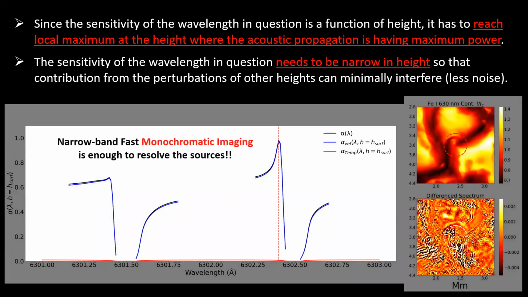And you can see that since we only need one narrow wavelength, that means if we have a narrowband fast monochromatic imaging, then this should be more than enough to resolve the individual acoustic sources. So we have developed a technique that can find individual acoustic wavefronts.